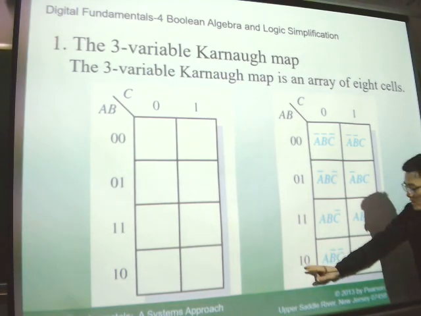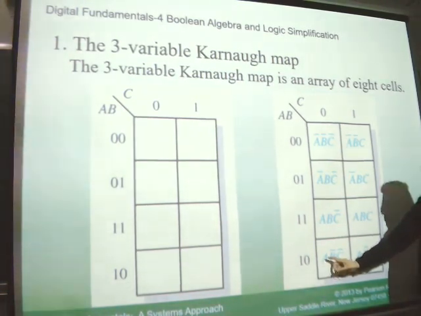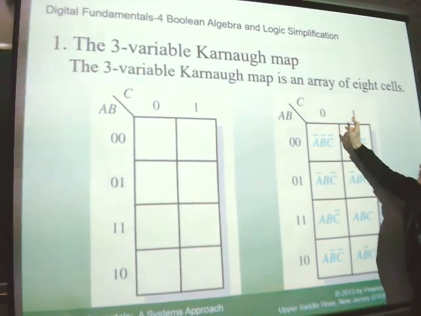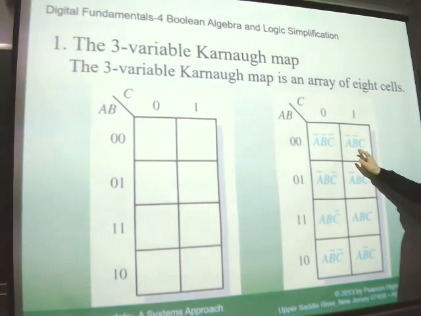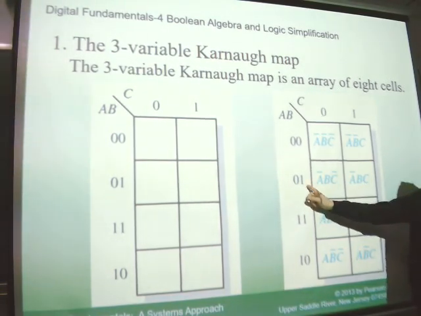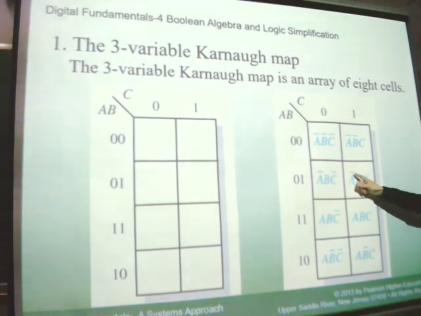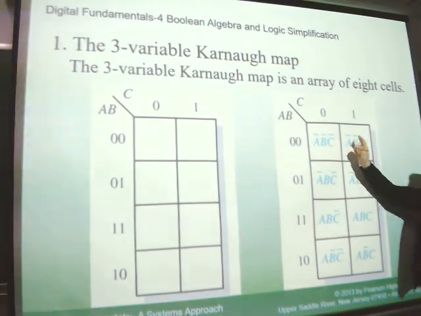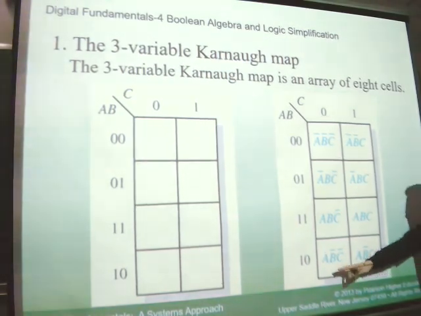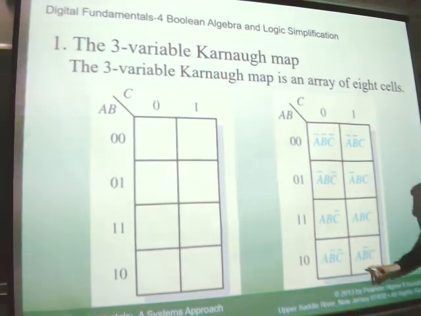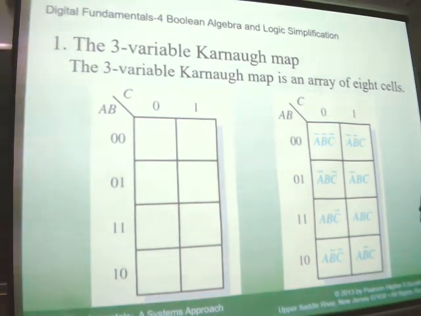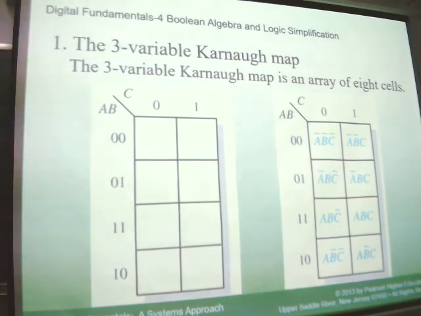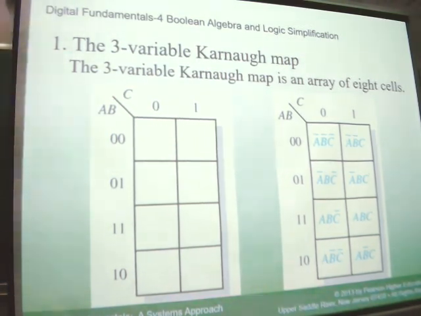Then 1 0 0 is A, B bar, C bar. 0 0 1 is A bar, B bar, C. 0 1 1 is A bar, B, C. 1 1 1 is A, B, C. 1 0 1 is A, B bar, C. This is one kind of three variable kernel map.